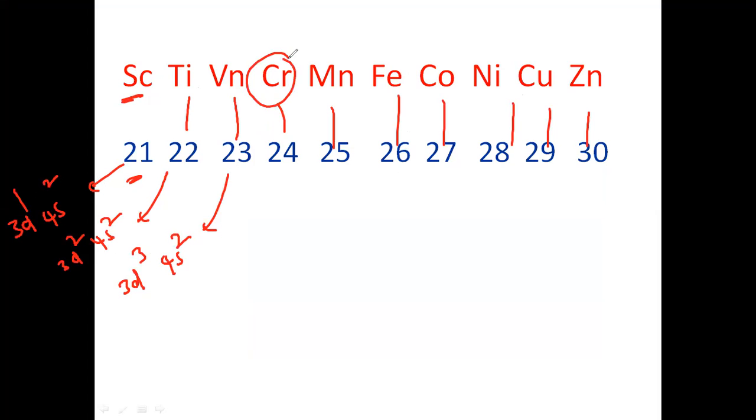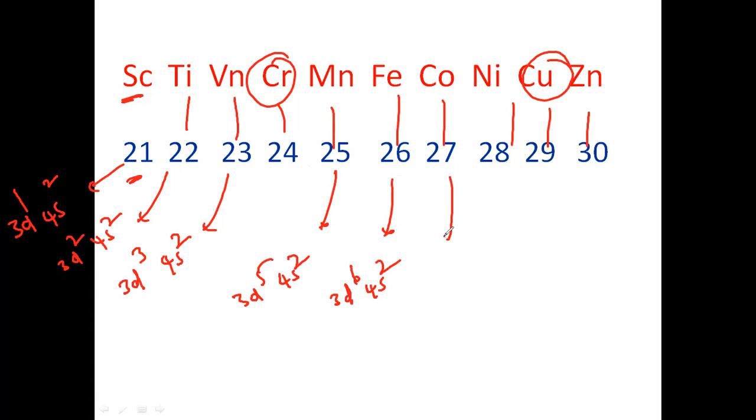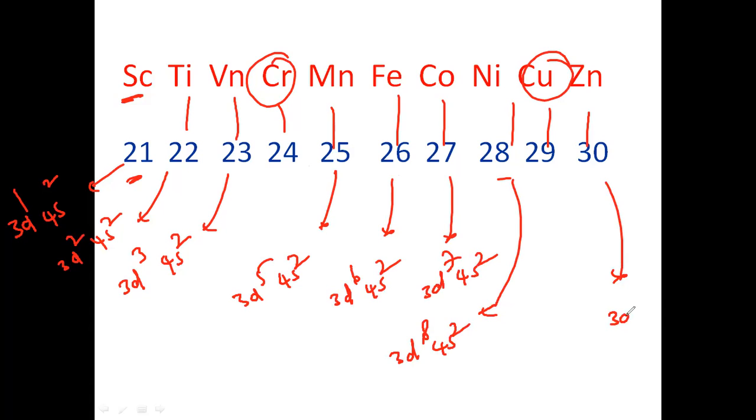Here only chromium and copper will be exceptions. 25 means 3d5 4s2. 26 means 3d6 4s2. 27 means 3d7 4s2. 28 means 3d8 4s2. Again the zinc, which is 3d9 4s2.